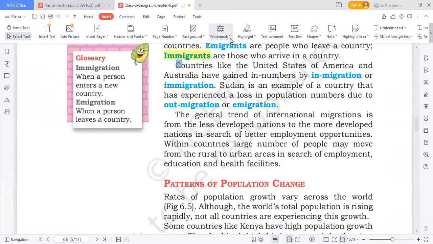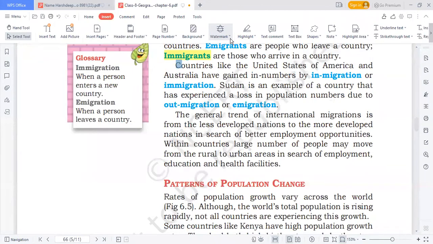Social insecurities, political instability, and last, the fifth, low status of people, low living conditions. These are collectively responsible for the push factors which force a population to leave their areas and move towards other parts of the world.